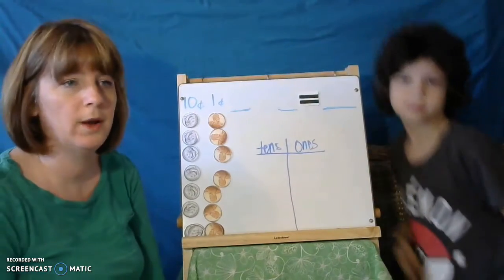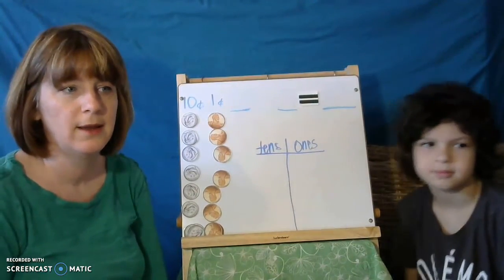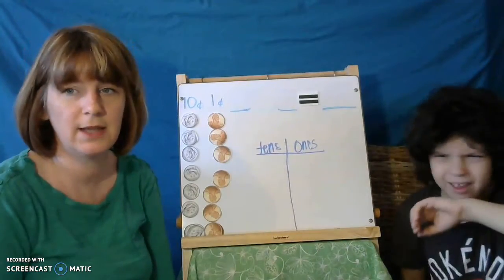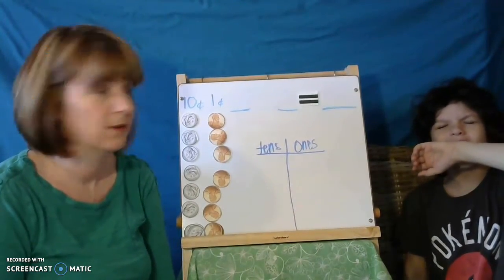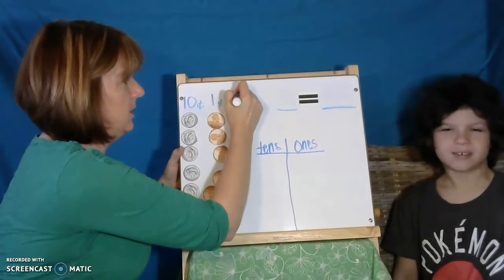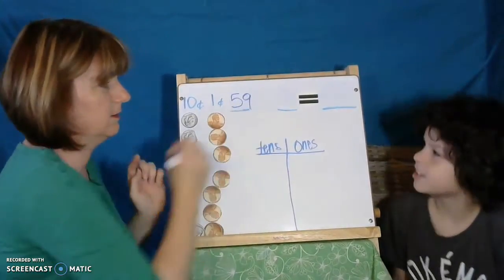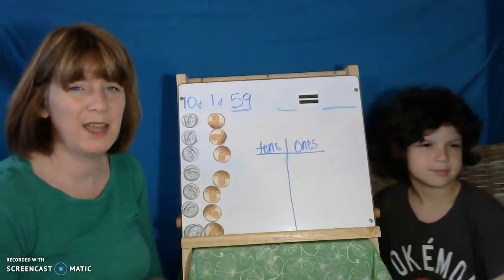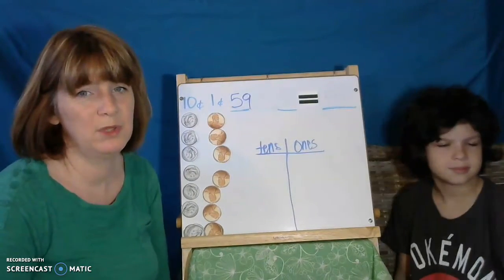Okay, so let's do one more problem. Let's think. If Ollie there has 59 cents. Okay, how many cents do you have? 59 cents. So that would be a 5 and a 9. And then he decided to buy something with his 59 cents.